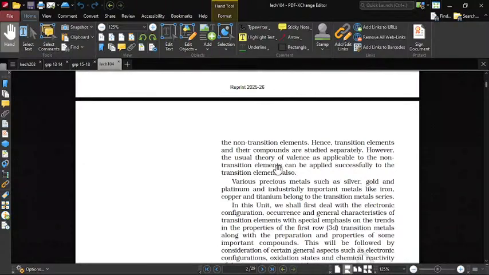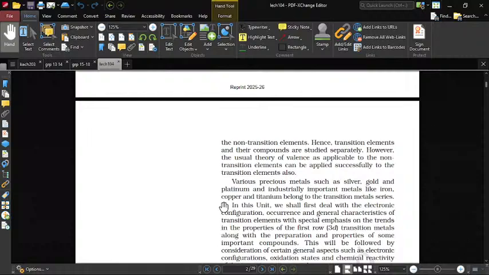However, the usual theory of valence as applicable to non-transition elements can be applied successfully to the transition elements also. Various precious metals such as silver, gold, and platinum are transition metals, and industrially important metals like iron, copper, and titanium belong to the transition metal series.